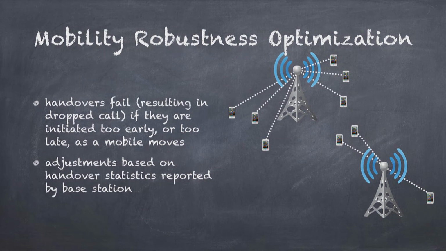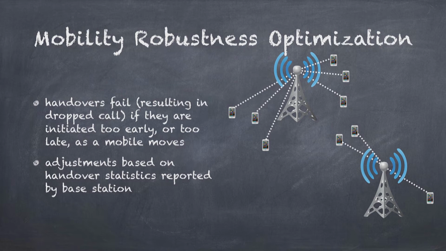For example, the device can think that he needs to hand off now, but he really should have handed over a little bit later, and if he tries to do it too soon, then he may not actually have enough quality on the target cell to make the call uninterrupted, or make a seamless handover.